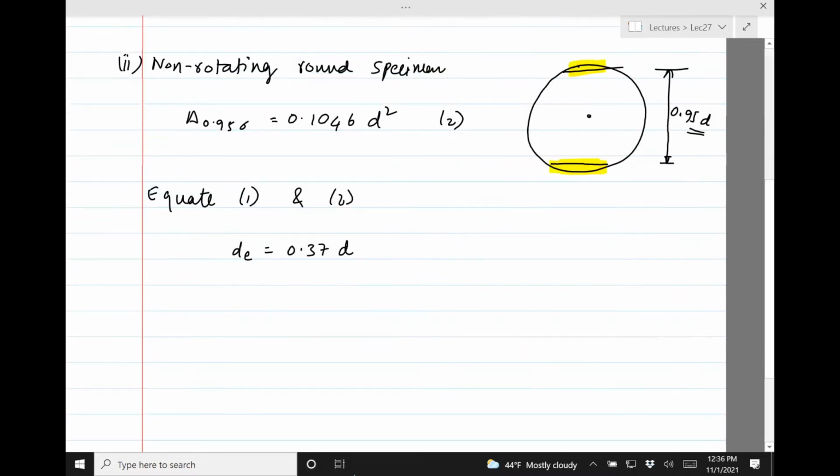We can do this for a rectangular section. Okay, so again, for a rectangle, find the 95% area.